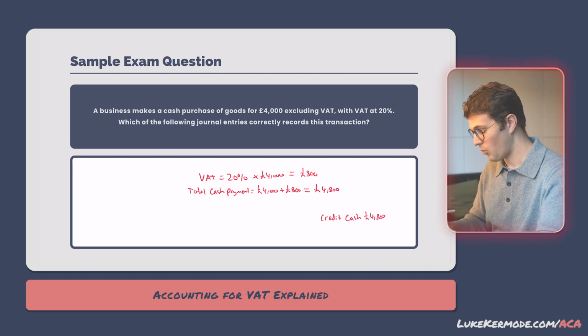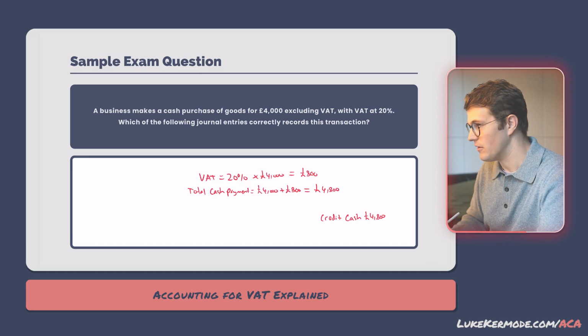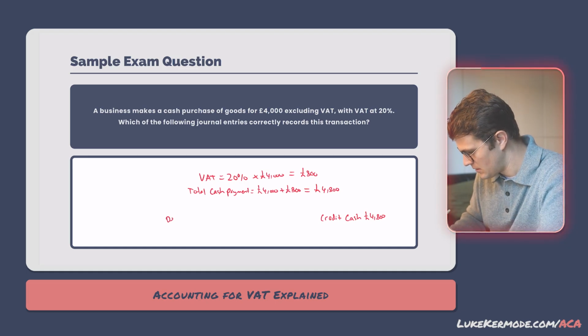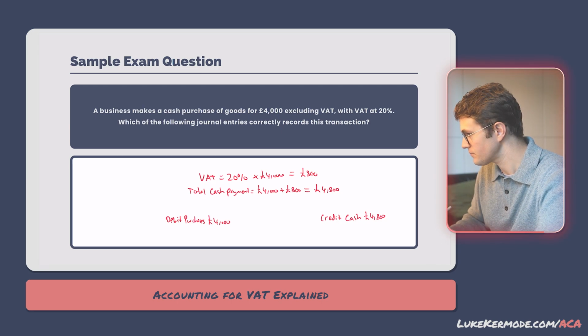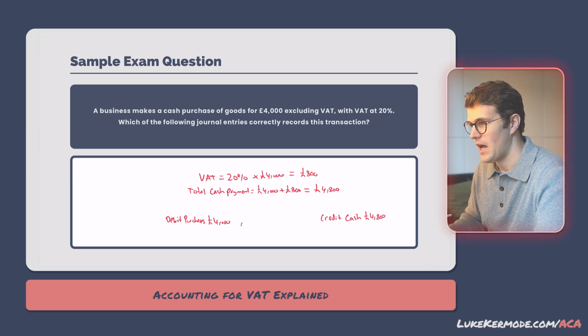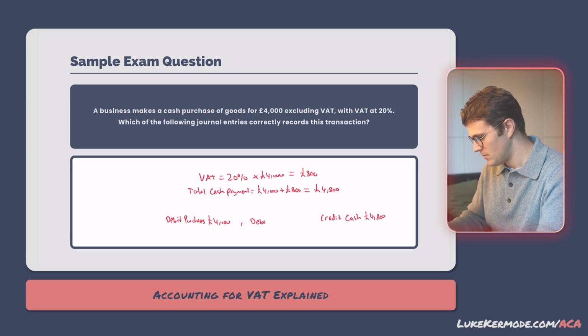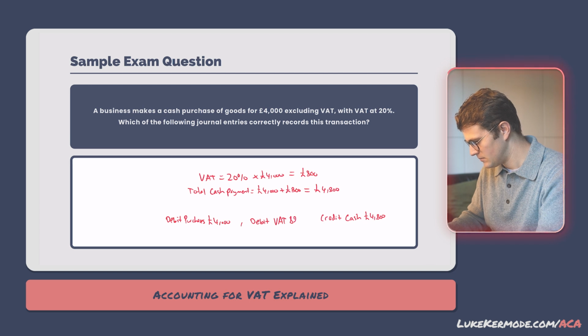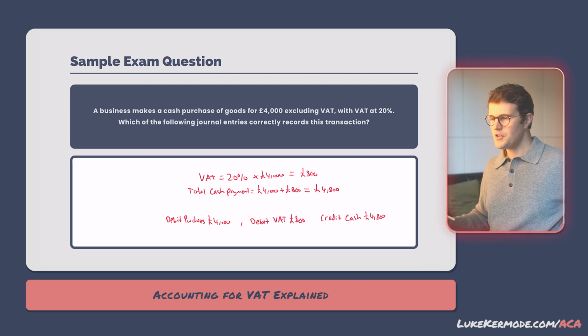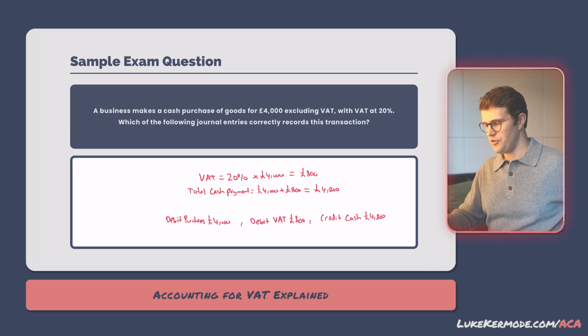The goods that were purchased were worth £4,000 excluding VAT, so we need to debit the purchases account by 4,000, and because the VAT is reclaimable from HMRC, we also debit the VAT account by £800. So the full journal entry is debit purchases 4,000, debit VAT 800, credit cash £4,800.